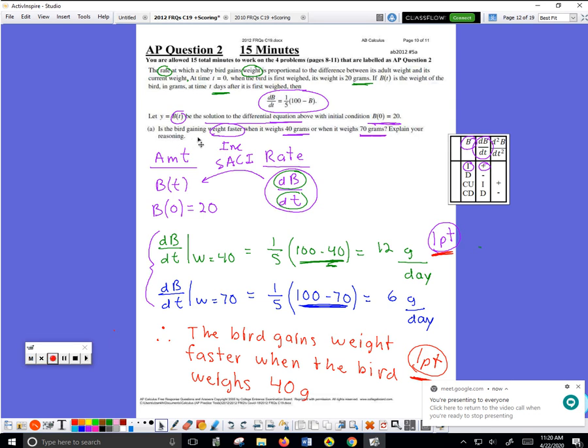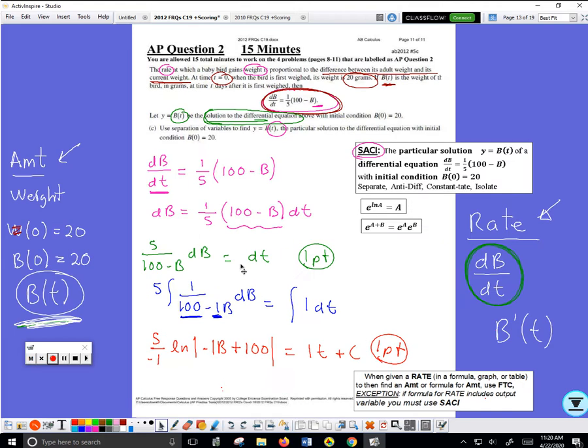So I know that in part A, I'm not using Sassi. However, in part C, they specifically say, find B of t, the solution to the differential equation. They're saying that B of t is the solution to that differential equation, and because I'm finding a solution to a differential equation, yes, I have to use the Sassi method.